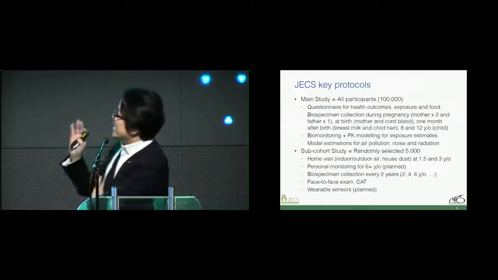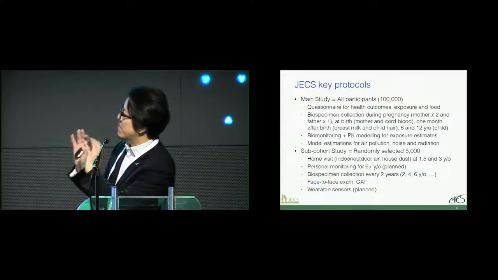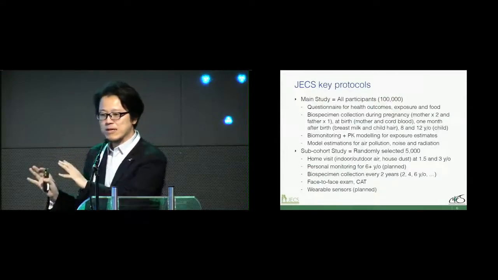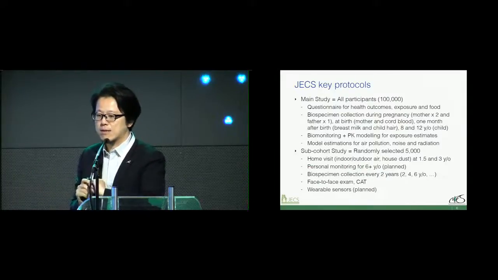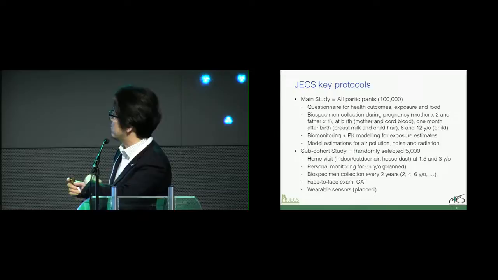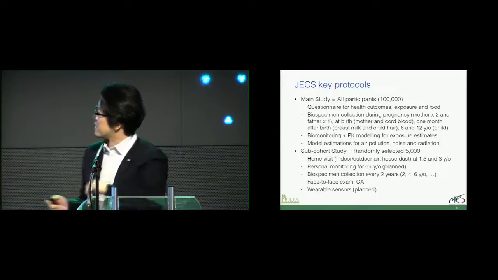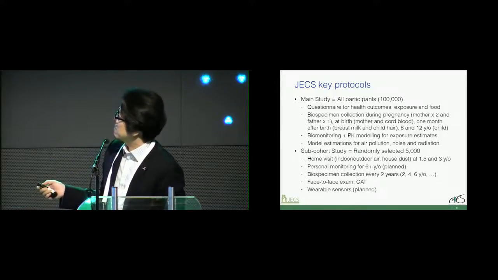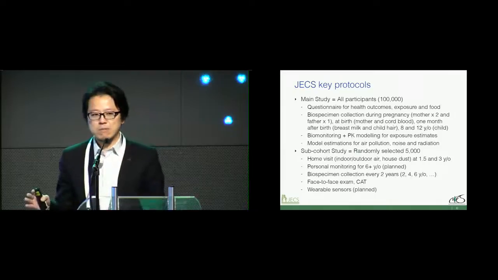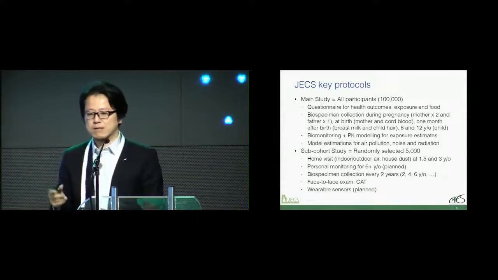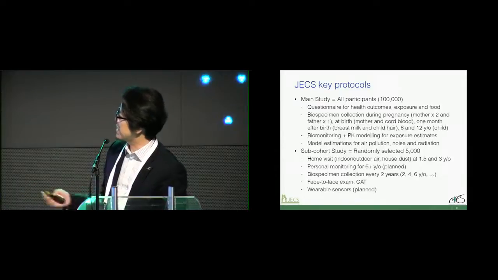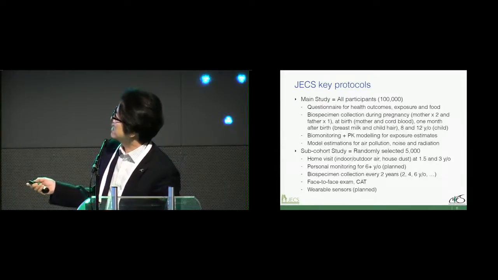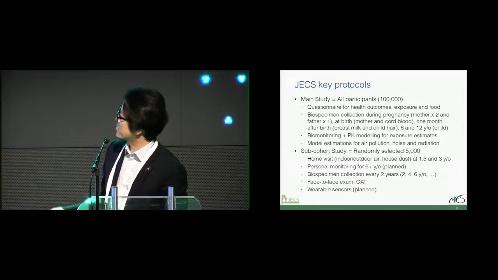But anyway, the JECS key protocols involve a main study involving all the 100,000 participants, and a subcohort study involving a randomly selected 5,000. So some of our exposome trials are going into this subcohort study with 5,000, and some of them are going into the main study.